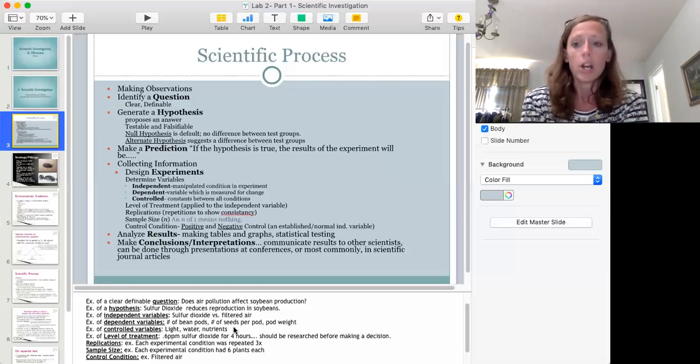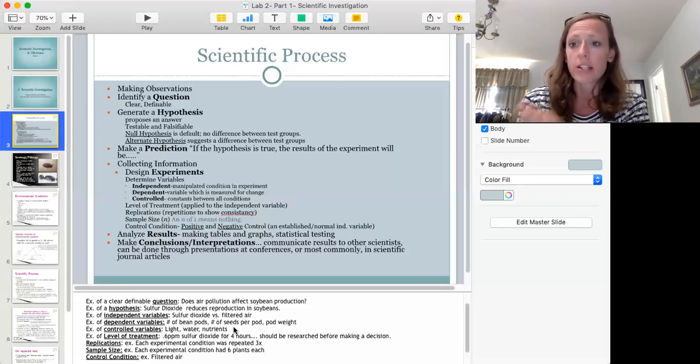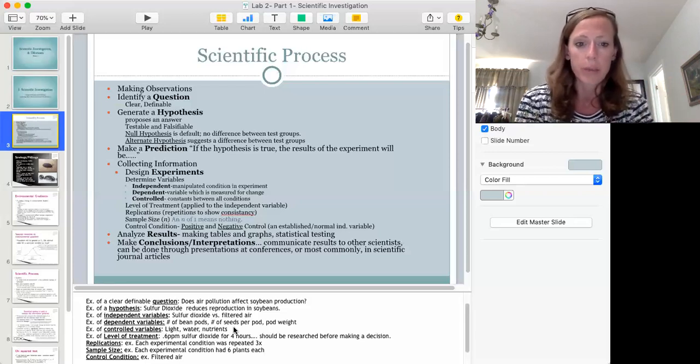Okay. All right, and then after you've gone ahead, designed and completed your experiment, you need to analyze the results. You need to make this data into tables, graphs, write it up into a paper. Make sure you do statistical tests to prove that there is, in fact, some conclusion that can be gained from the results of your experiment.